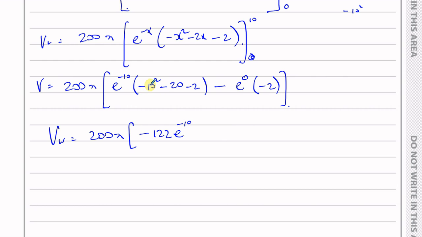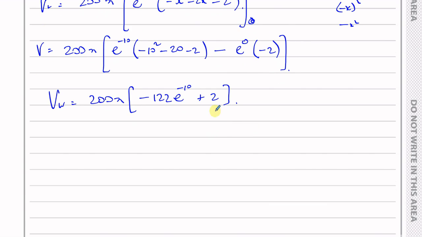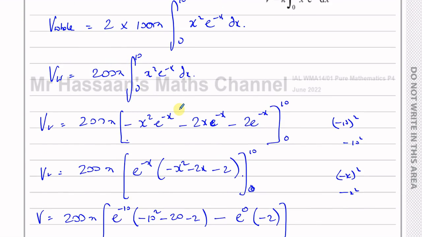Remember, the negative is not inside, it's not like minus x all squared. It's minus x squared, so the 10 is squared. That's negative 100 minus 20 minus 2, which is minus 122, and this is going to give you plus 2, because it's 1 times minus 1 times minus 2, which is plus 2. So that's the volume of the whole shape. I'm going to leave it in this exact form and then round my final answer at the end.